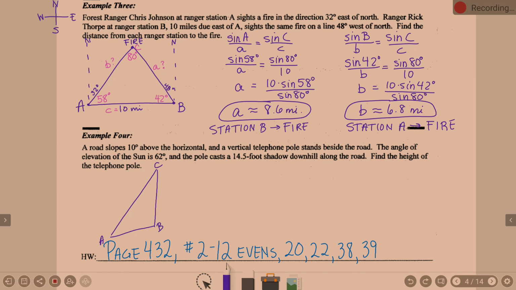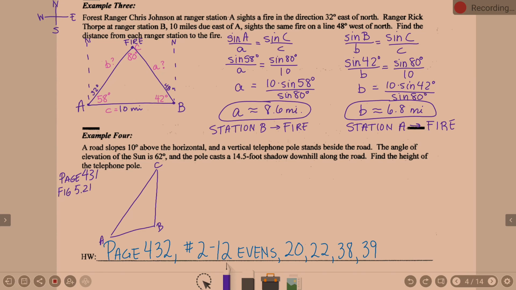This is page 431, figure 5.21. Just so you know. That's why you're only getting part of the picture, because you can look in the book just like I can.